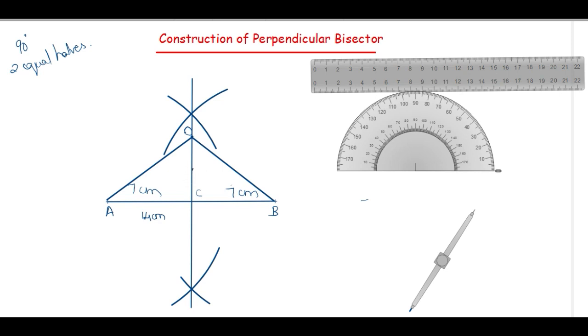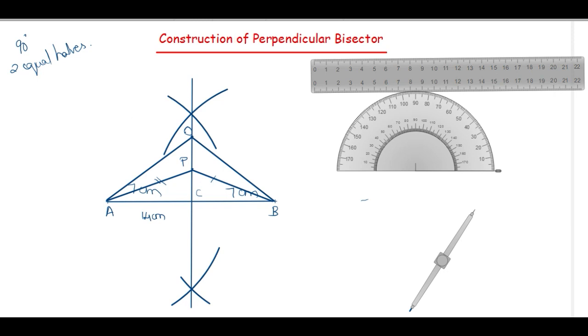Similarly, if I take another point here, then if we join this point to A and this point to B, suppose this point is P, then PA will be equal to PB. This is one of the properties of this.